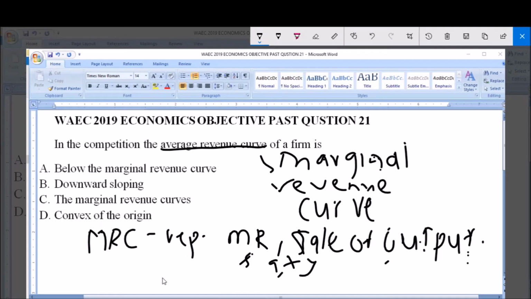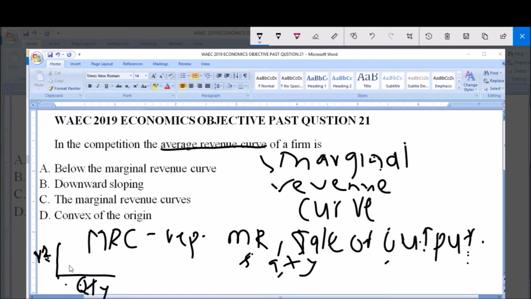Now, its curve is basically something like this, where you have marginal revenue on the vertical axis and quantity on the horizontal axis.